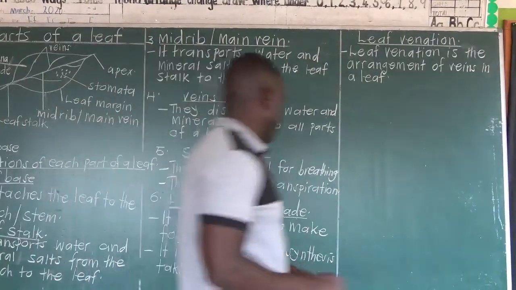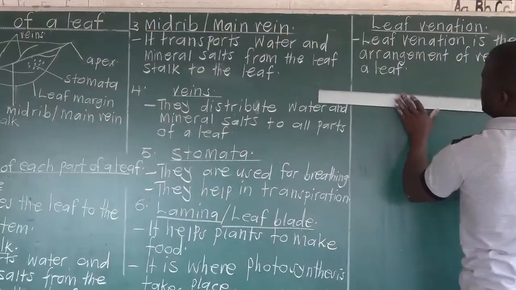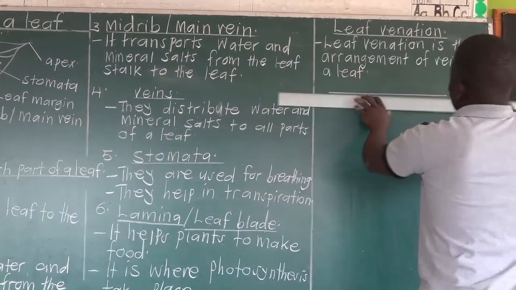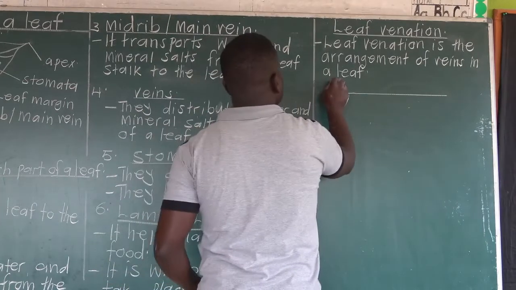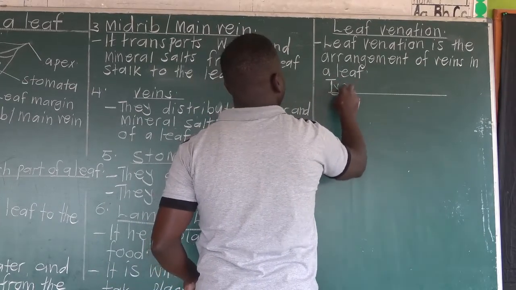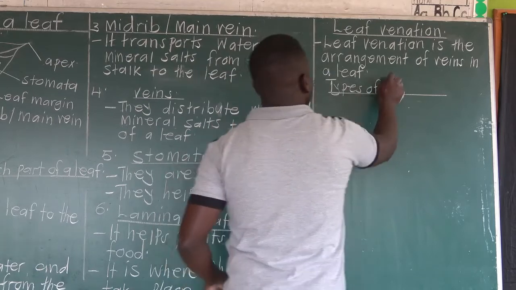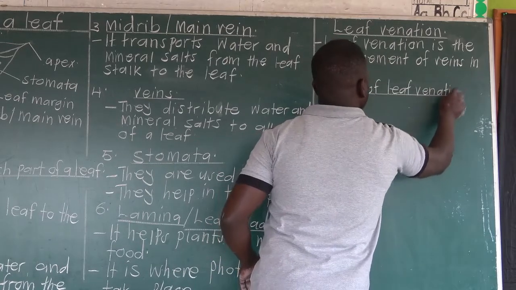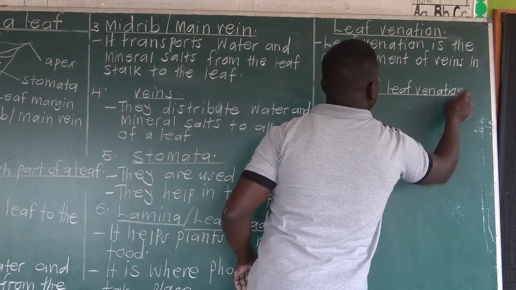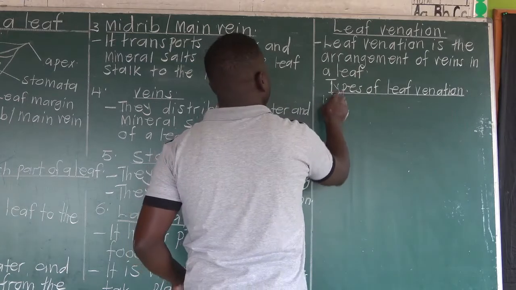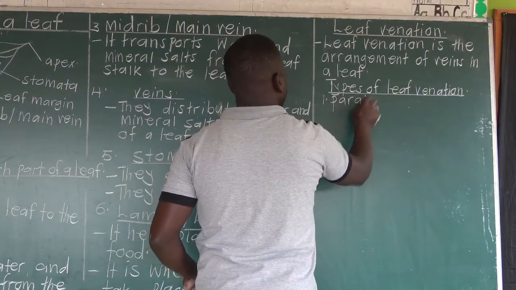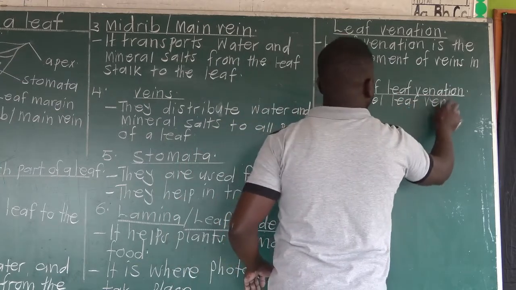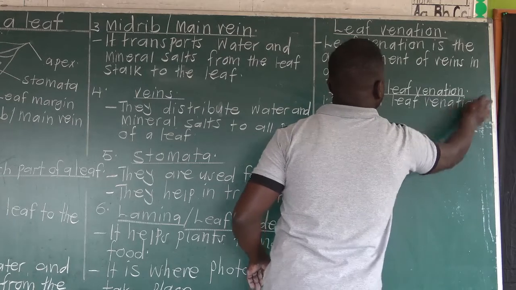Then we have types of leaf venation. One, we have what is called parallel leaf venation.